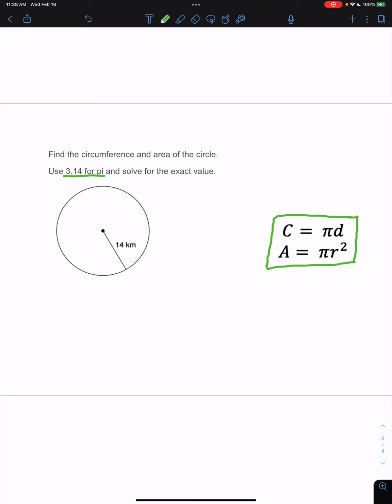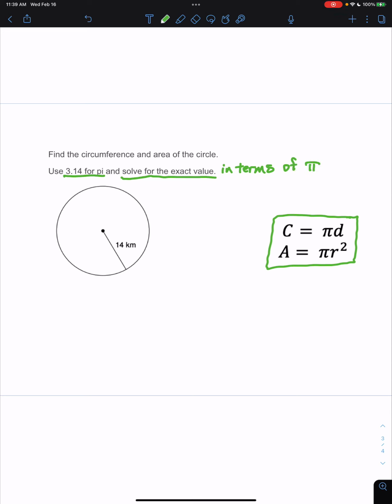And we're also going to talk about when it says solve for the exact value or solve in terms of pi. What does that mean as well?